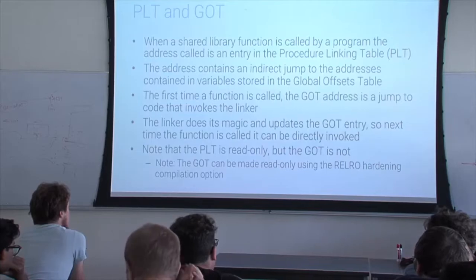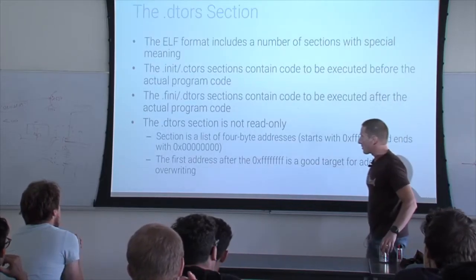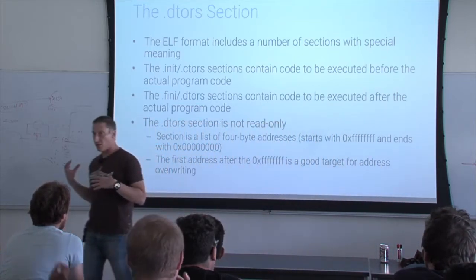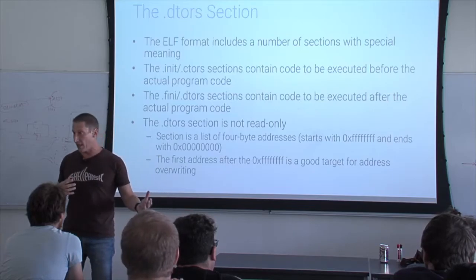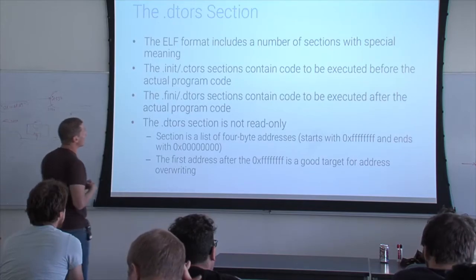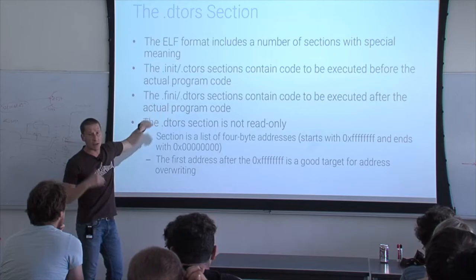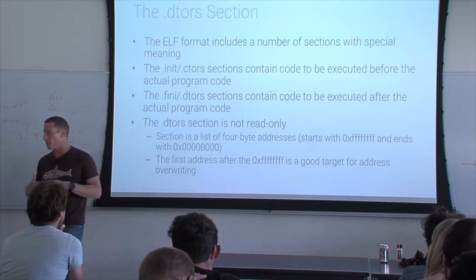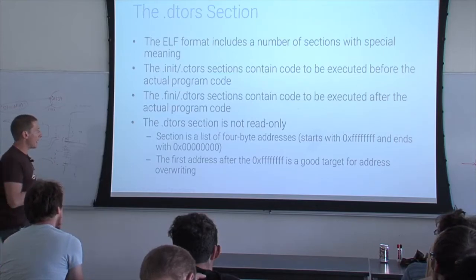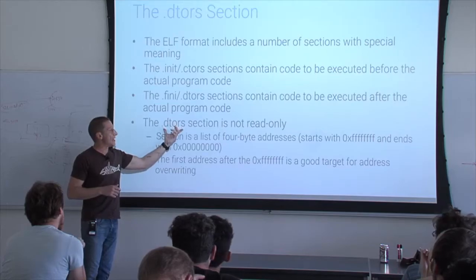A similar story is with the dtors section. Remember that there is code that is executed before your code is actually executed, and after you do exit. Fundamentally, there is this dtors section that contains code that can be put there to, for example, perform operating system related cleanups.